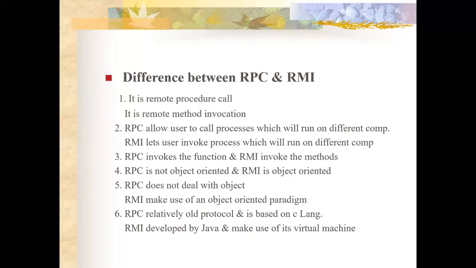And last, RPC is a relatively old protocol based on the C language, hence it inherits its paradigms, while RMI is developed by Java and makes use of its virtual machine. The use of RMI is exclusive to Java applications for calling methods on a remote computer system. So in the next session, we will see the next topics.